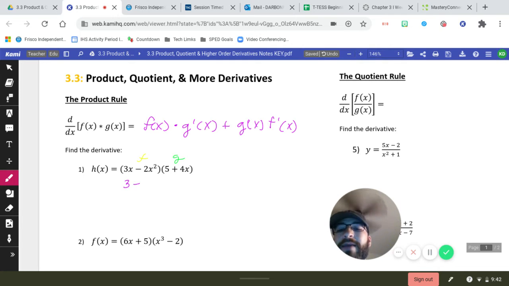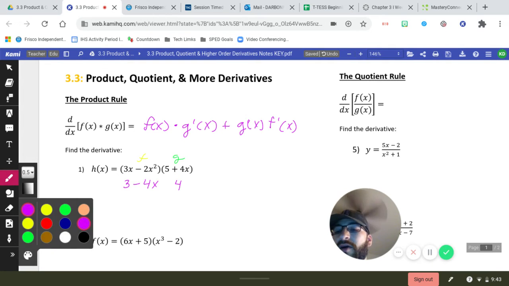Subtraction sign stays the same. 2x squared, the 2 comes down to become 4x to the first. Then right here, 5 plus 4x, the 5 goes away. The plus sign is not there anymore because it's really just positive 4x, and positive 4x becomes 4. Okay, so those are my original functions, and these are my derivatives.